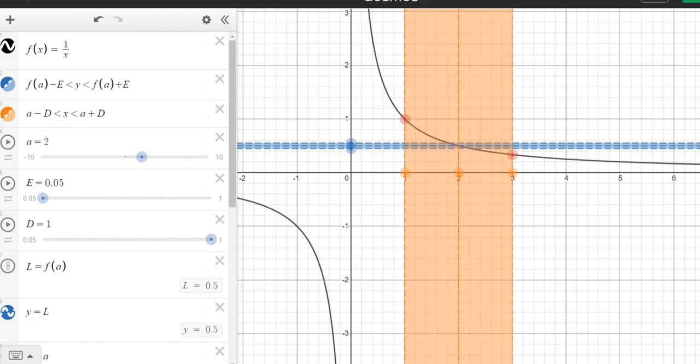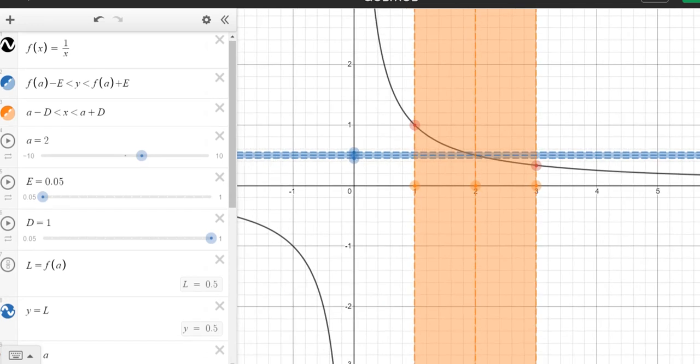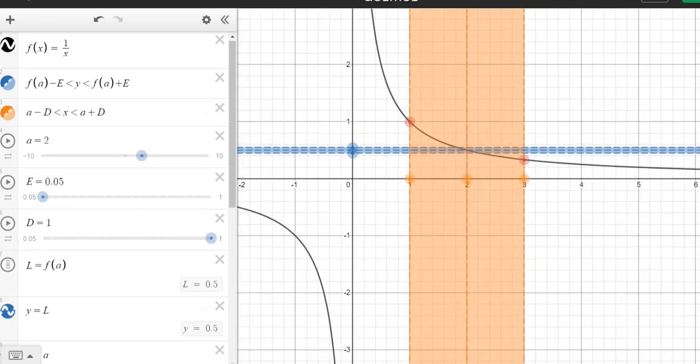Now I'm in Desmos, and I actually have our function, the square root of 1 over x. I realize that if I touch my digital pen on my touch screen, it will not work like it does in OneNote. I don't know why.